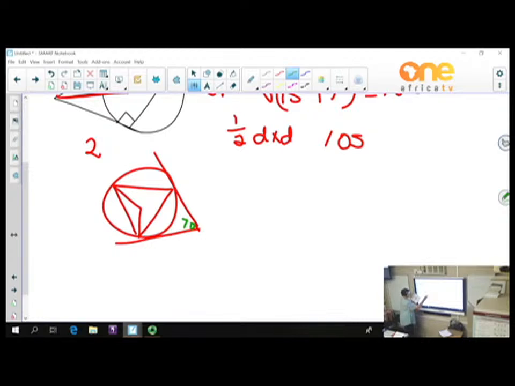And because this is an isosceles triangle, those two sides are equal. What is the size of these two angles? 180 minus 70 divided by 2, is it 55? So each one there is 55 degrees. This one is 90 degrees. So you can calculate this one here, which is then 35 degrees. Can you? No.